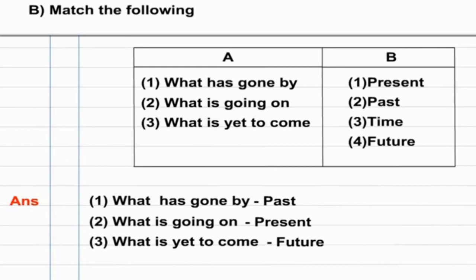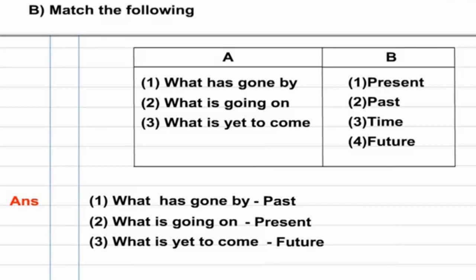B. Match the following. In A column, number 1, what has gone by, number 2, what is going on, number 3, what is yet to come. In B column, number 1, present, number 2, past, number 3, time, number 4, future.